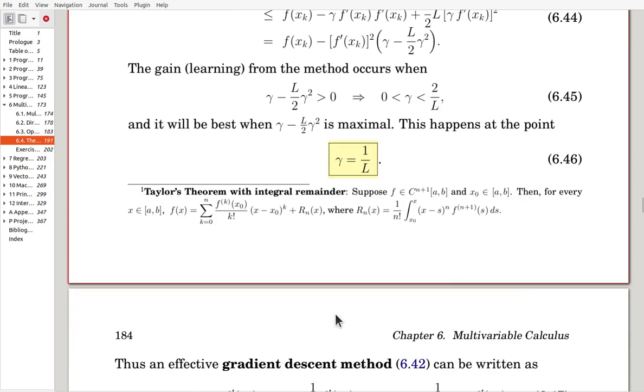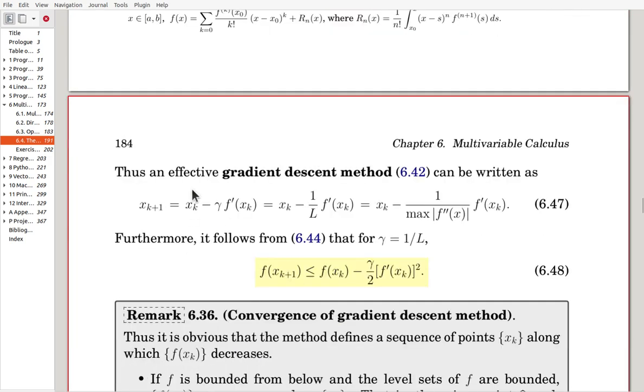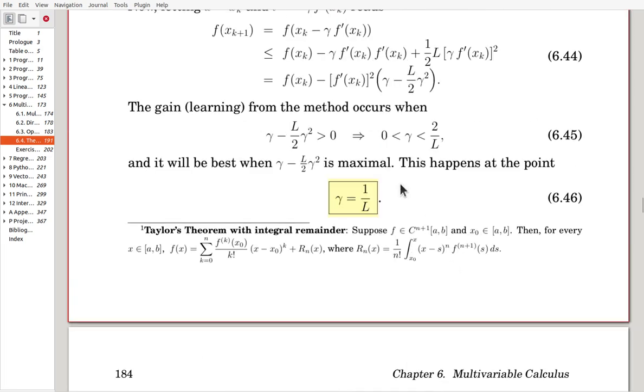Now here the effective gradient descent method can be written in this way. That is the formula along with gamma 1 over L. And furthermore, we can get this one from that one.